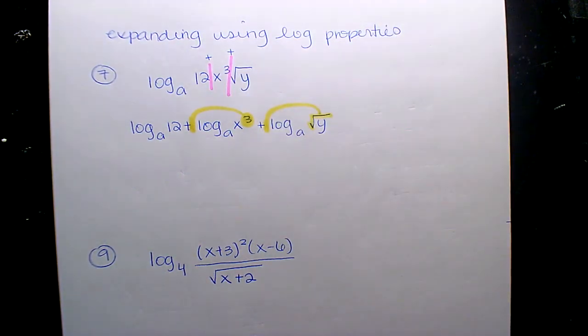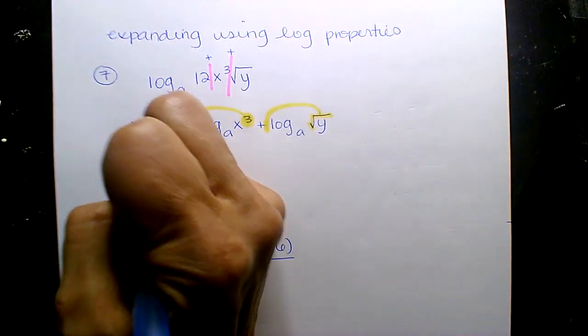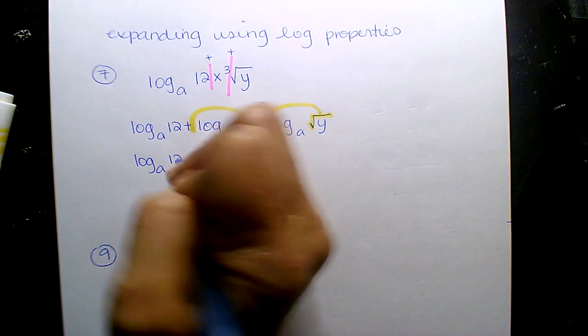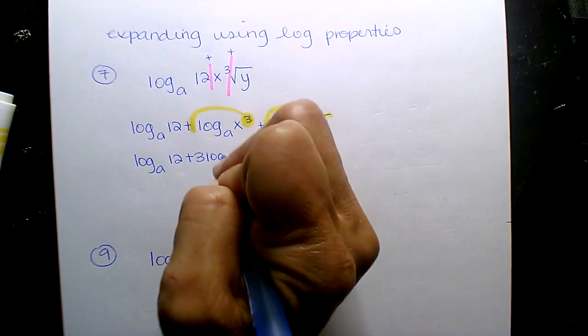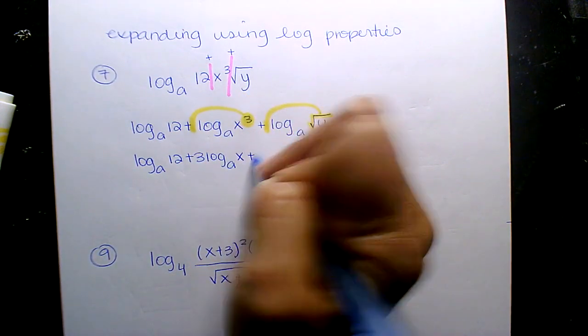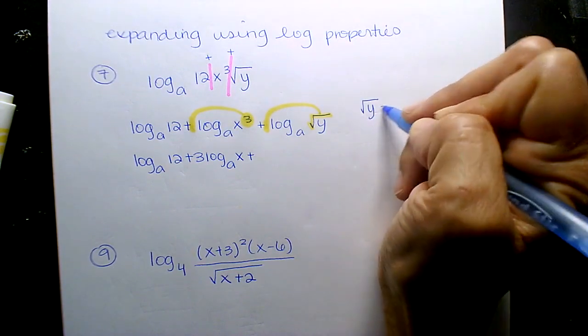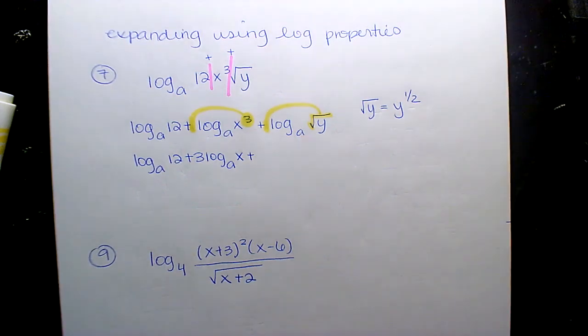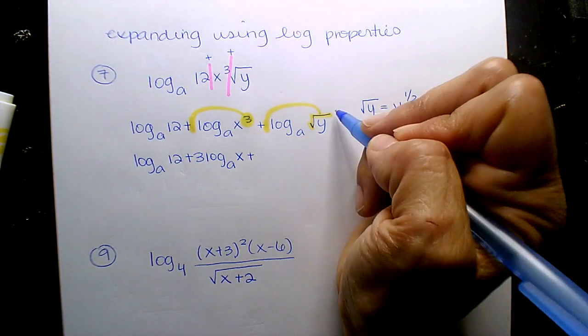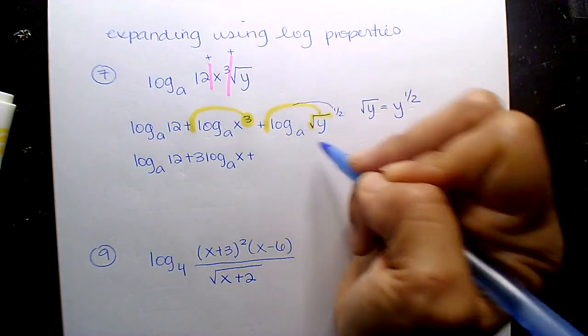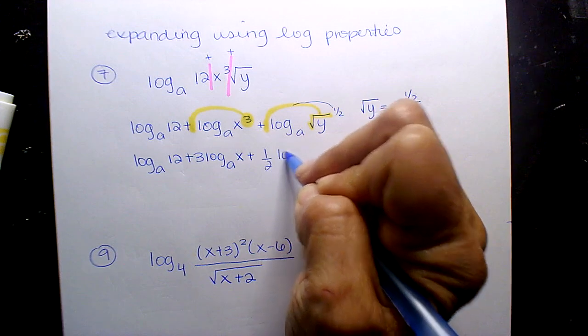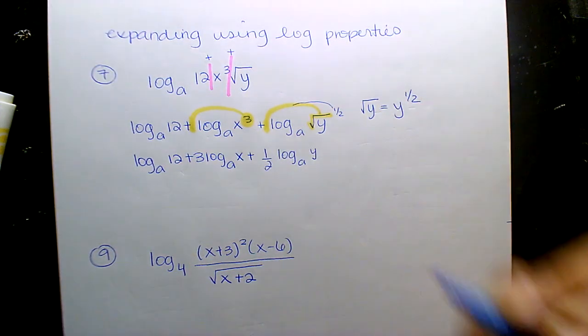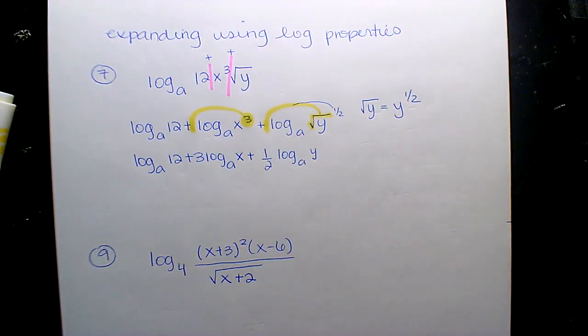So log base A of 12 plus 3 log A x plus, and this is the equivalent of 1/2, which is what we did on Monday, Tuesday. So if I bring that 1/2 to the front, I get 1/2 log A y.